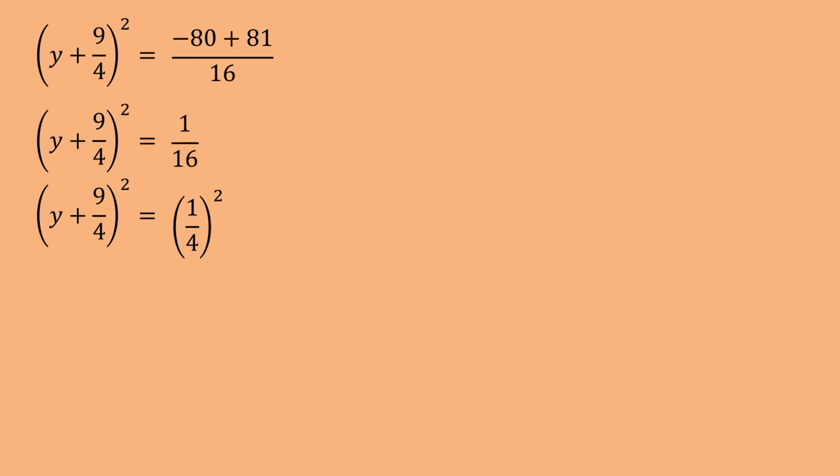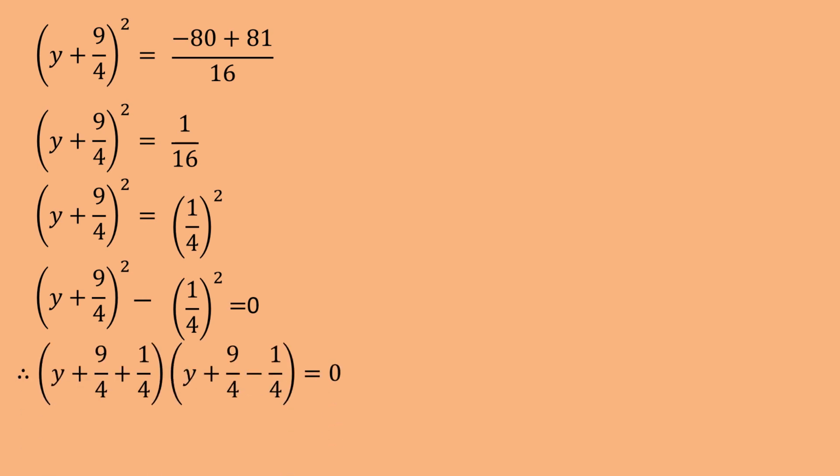Now I hope you remember the formula a square minus b square equals 0, which will give you a minus b into a plus b. Same I am going to use here. See here, y plus 9 upon 4 whole square minus 1 upon 4 whole square equals 0.